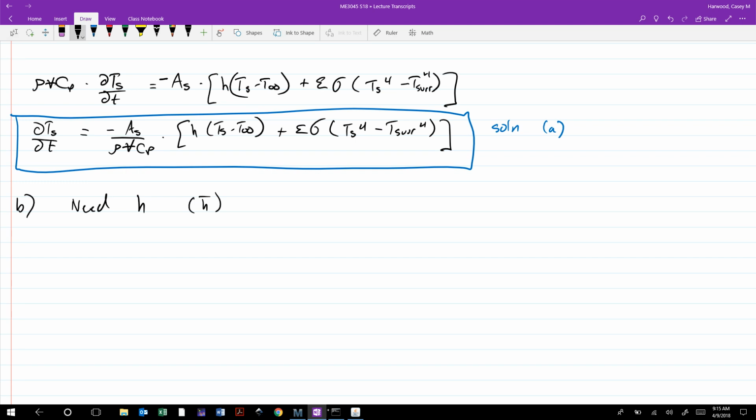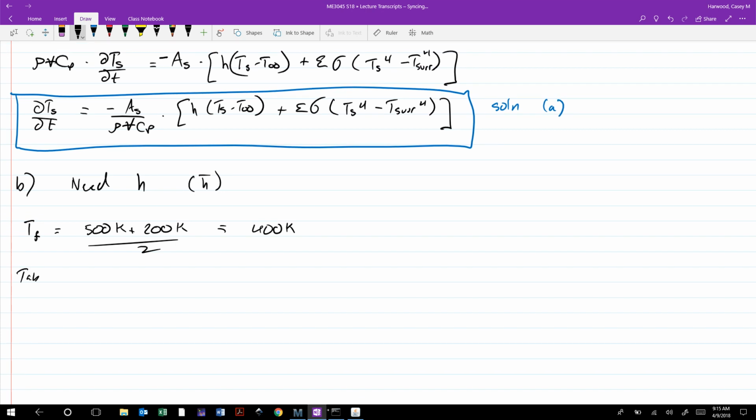So to do so, we need to define the thermophysical properties of the fluid. So Tf is going to be 500 Kelvin plus 200 Kelvin over 2, which gets us 400 Kelvin.